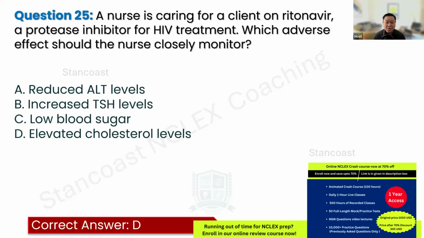Letter C is also incorrect, because ritonavir may actually raise the blood sugar levels, leading to hyperglycemia, not hypoglycemia. So your task here is to focus on the adverse effects specific to protease inhibitors, especially metabolic changes like lipid elevations.